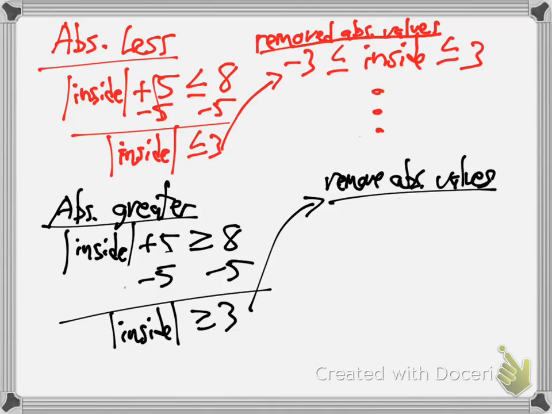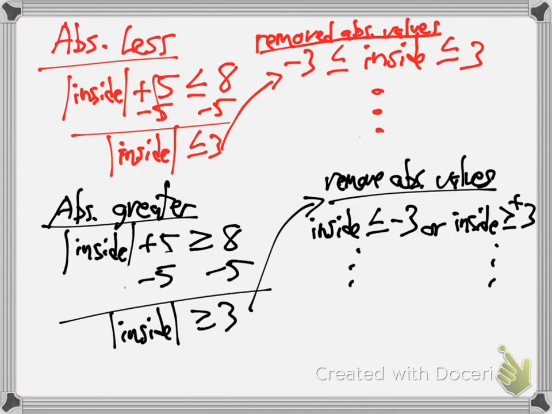What do you get? You remove them and you say, okay, that inside, remember what we said? Less than or equal to -3, or the inside is greater than or equal to +3, isn't it? See how it's 2, and you just solve those 2. It's the two outsides, huh? So that's what you want to have in your 3x5 card. Know the correct way to remove.